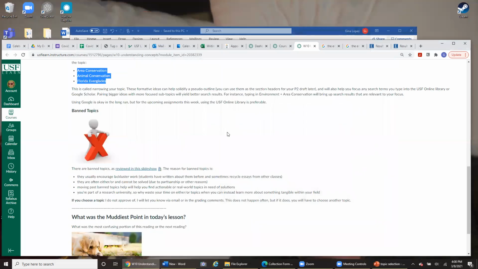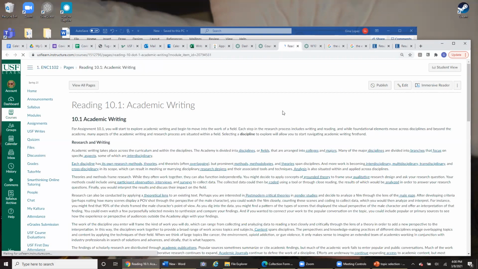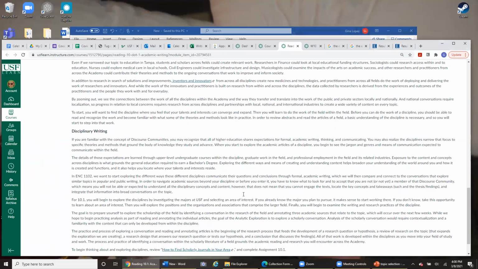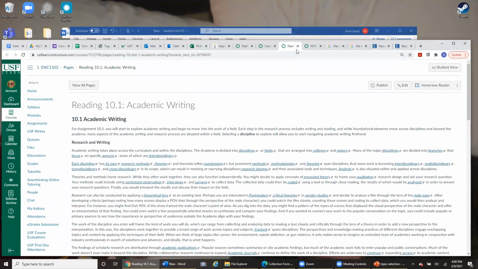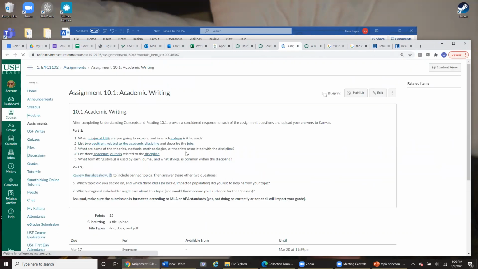So this slideshow, you're going to use it for the assignment that you click on after you do the reading, because the reading is separate from what we just went over in understanding concepts. It's more detailed about looking into a discipline, a field, looking up academic journals, because that's part of your assignment as well.